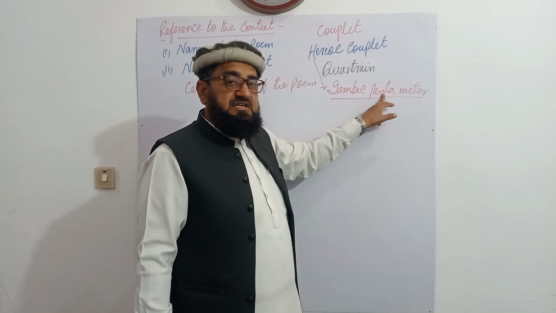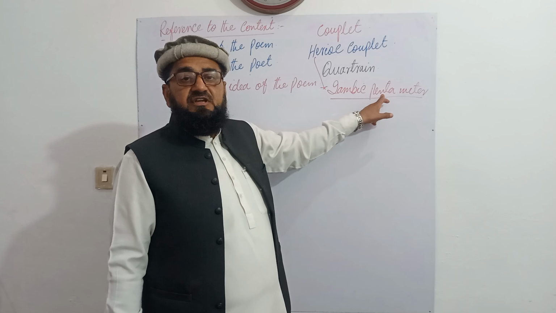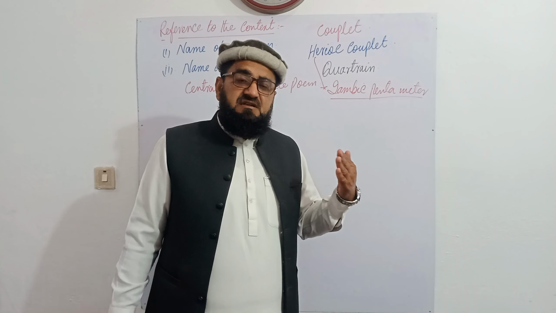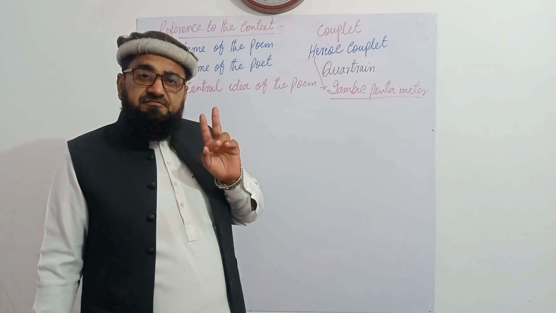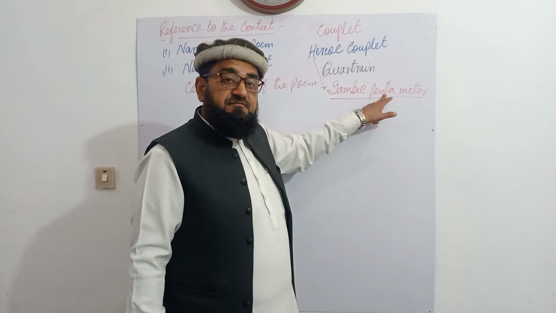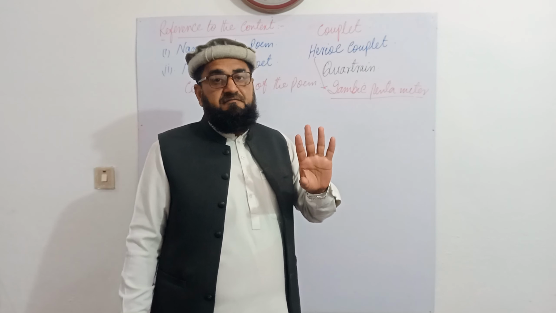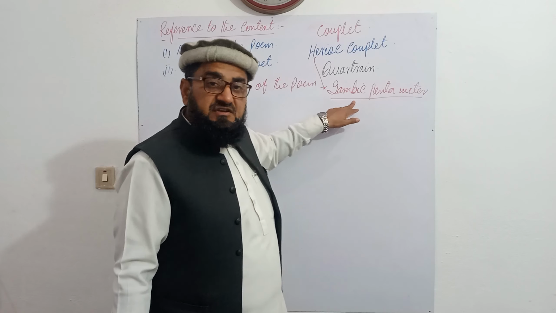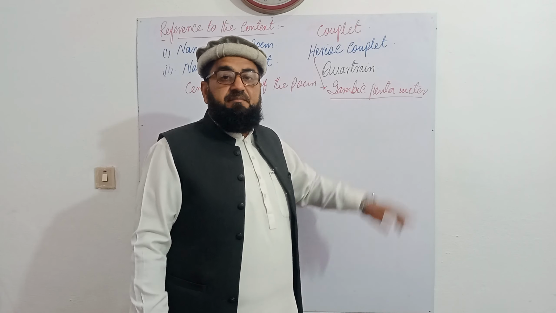When there are 5 feet in a line of poetry, they make 10 syllables of unstressed plus stressed pattern. Penta means 5. Unstressed followed by stressed, composed of 5 feet, is called iambic pentameter. Mostly English poetry is written in iambic pentameter.